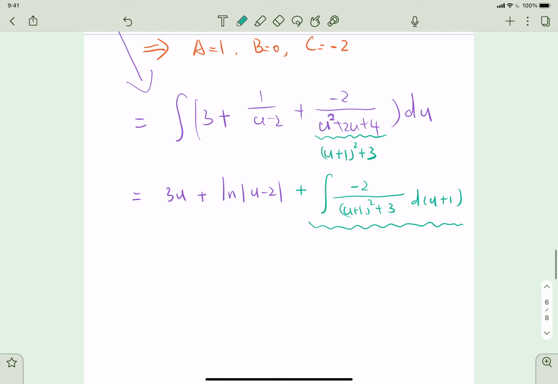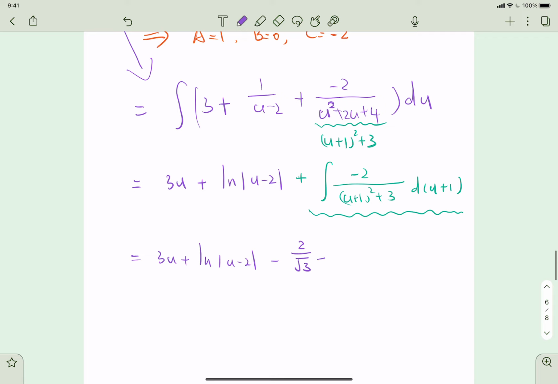So we can write this out directly as equal to 3u plus ln u minus 2, right? plus this. It's gonna be negative 2 divided by square root of 3, okay, times tangent inverse u plus 1 divided by square root of 3, right, plus c.